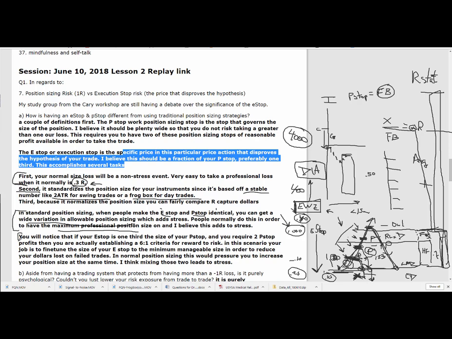The final thing I want you to notice is that if your E stop is about 1/3 the size of your P stop, so here's the P stop, and you have your execution stop here, and your P stop is there, and you require 2 full P stops of reasonable reward.